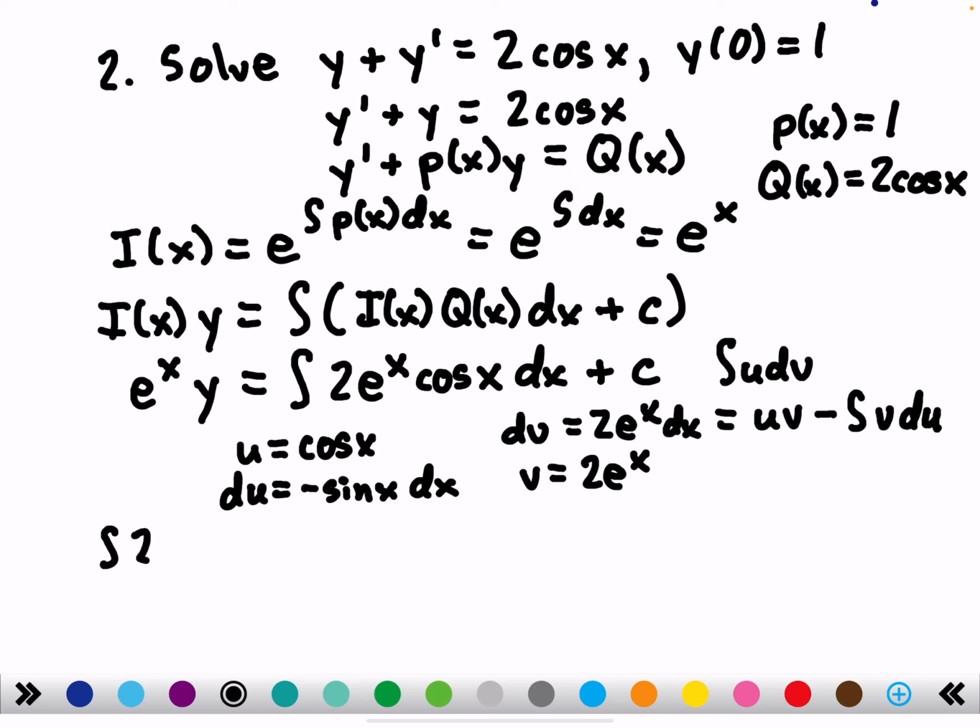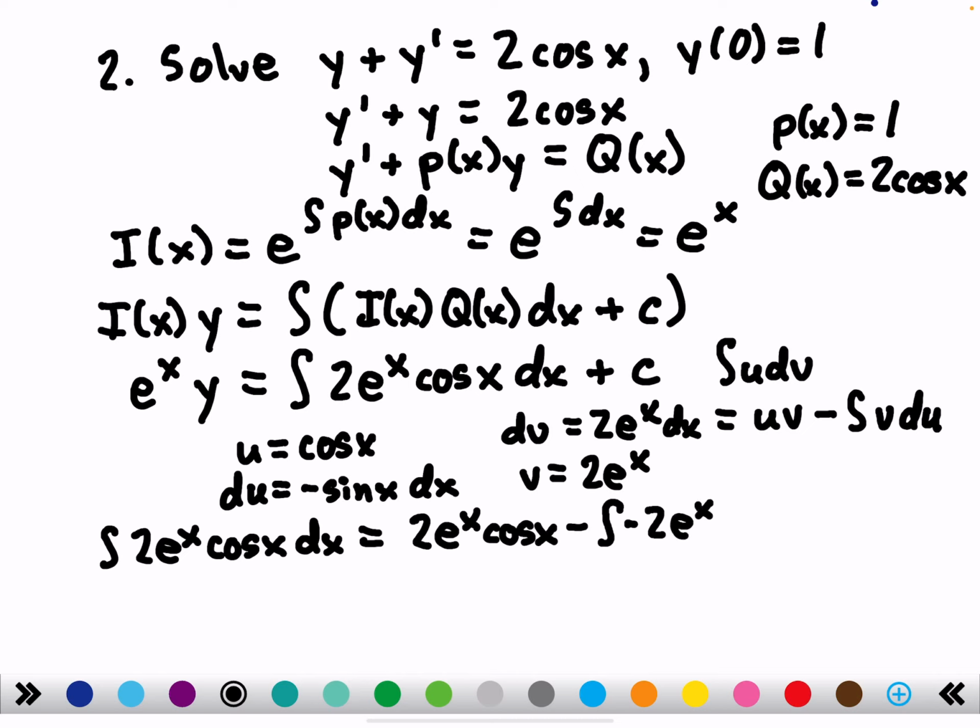So the integral of 2e to the x cosine x dx equals u, which is cosine x, times v, which is 2e to the x, so that's 2e to the x cosine x minus the integral of v du, so that would be negative 2e to the x sine x dx.